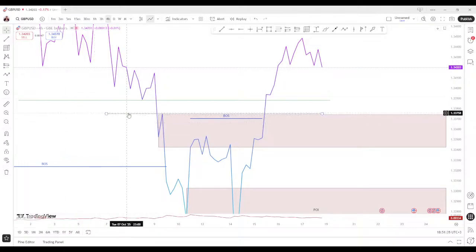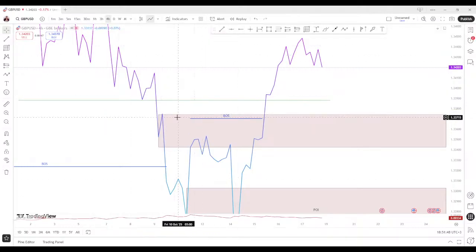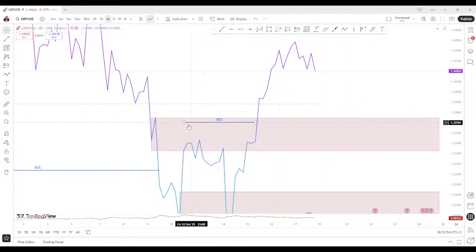So that means there was another block here that was not respected. There is another block here that was not respected. So when the market comes back to this order block, it must react from this order block.